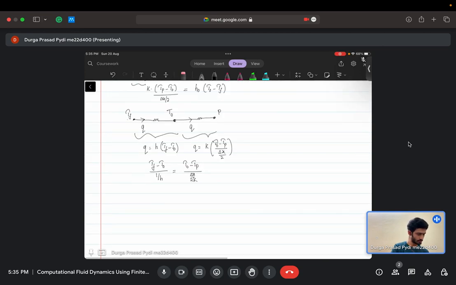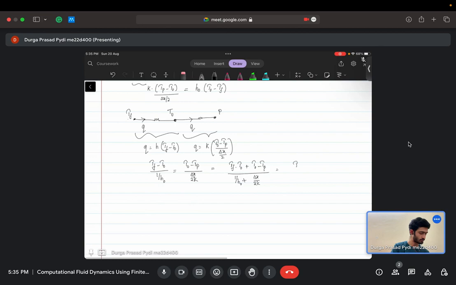If you group the terms together and take a summation, this can be written as Tf minus T0 plus T0 minus Tp by 1 over H0 plus delta x by 2k.